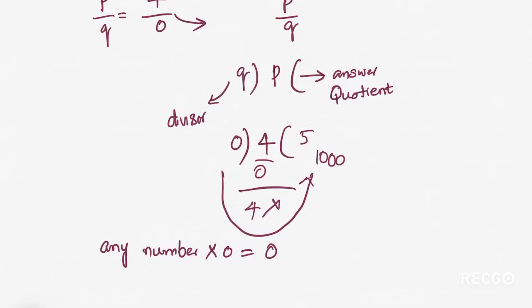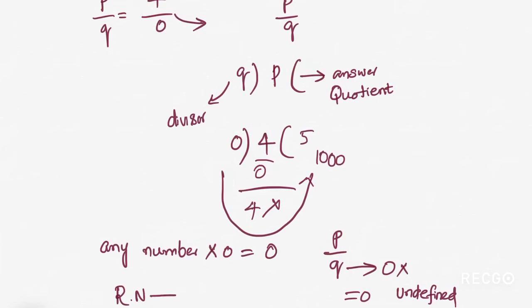Therefore, in the p by q format, q should not be 0. If q is equal to 0, the number is undefined. It is very important. It will be useful even for higher classes. Therefore, q should not be 0 for a rational number to exist.